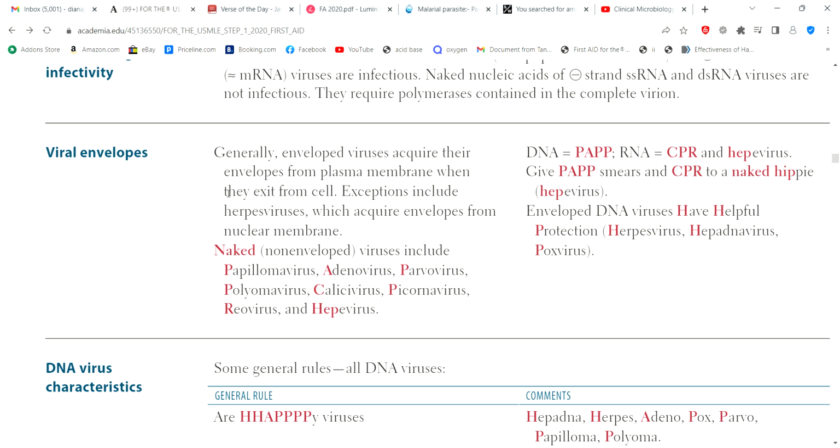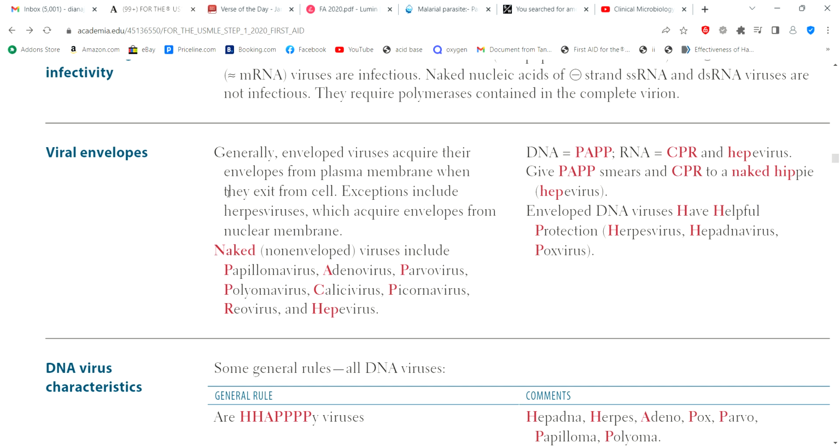Naked, non-enveloped viruses include papillomavirus, adenovirus, parvovirus, polyomavirus, picornavirus, reovirus, and hepevirus, hepatitis E.